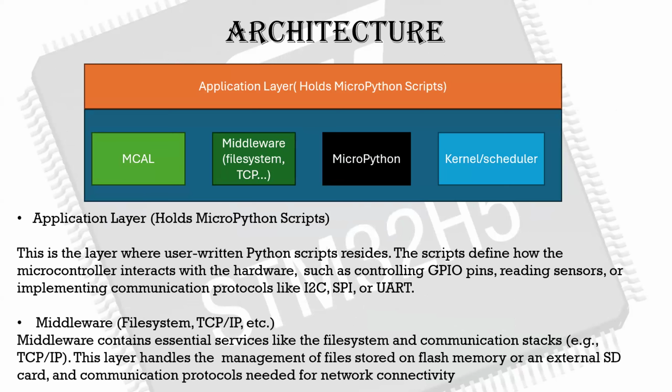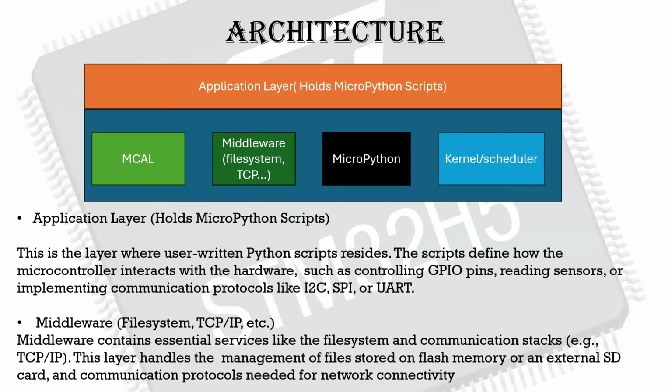Whenever we develop an application using a script, we place it into the application layer, which appears to us as a file system. The bottom layer, shown in blue, is the C layer, or you can call it the kernel layer.